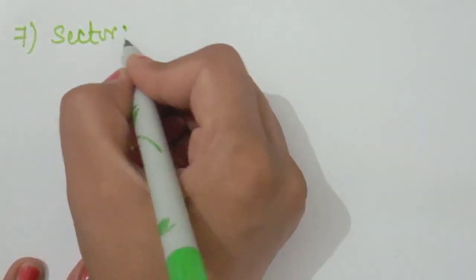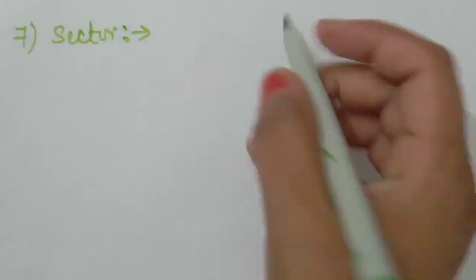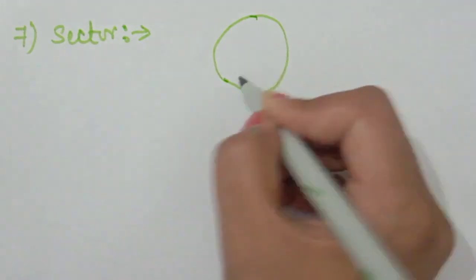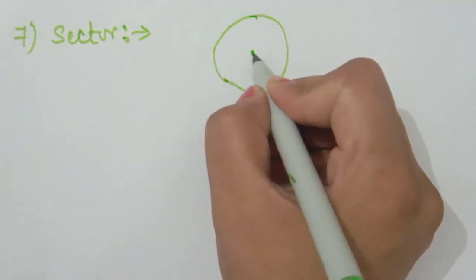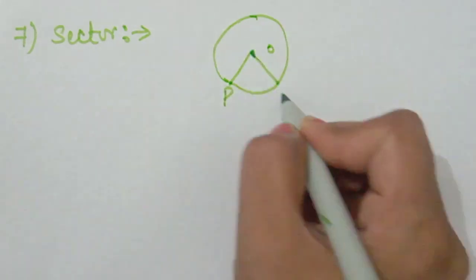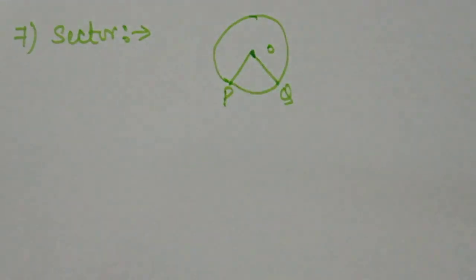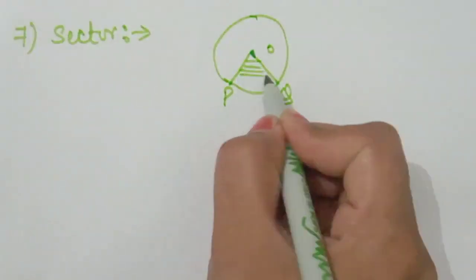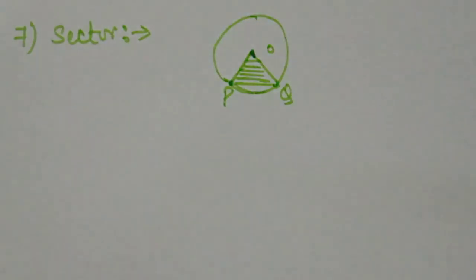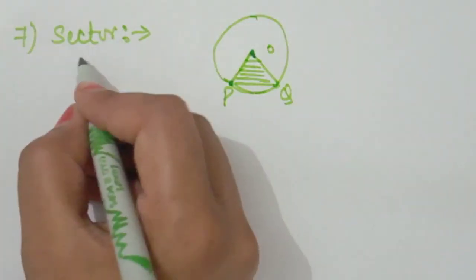Next definition is sector. So what is a sector? When we have a circle and we have a center O here with two radii OP and OQ, the region enclosed between an arc and two radii is called a sector of the circle.